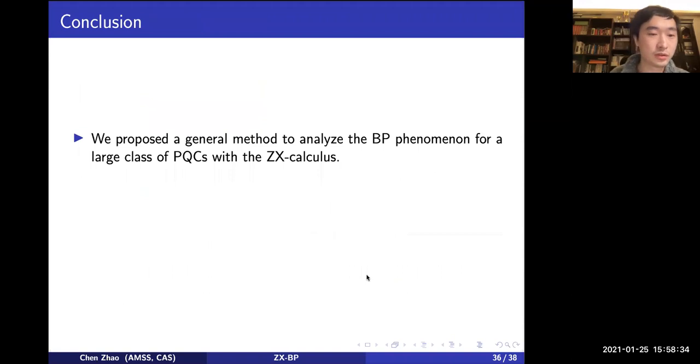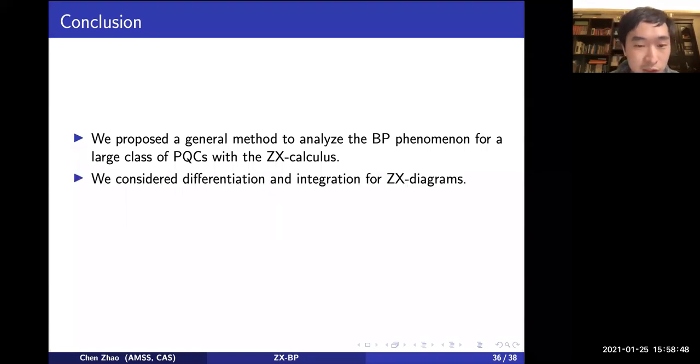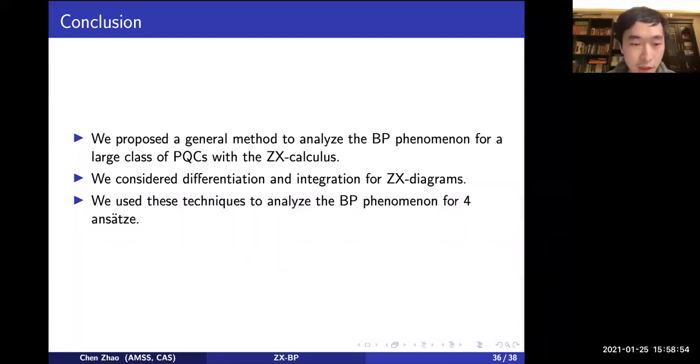So in conclusion, we propose a general method to analyze the barren plateaus phenomenon for a large class of parameterized quantum circuits with the ZX calculus. And we consider the differentiation and integration for ZX diagrams. And we use these techniques to analyze the BP phenomenon for concrete ansatz.